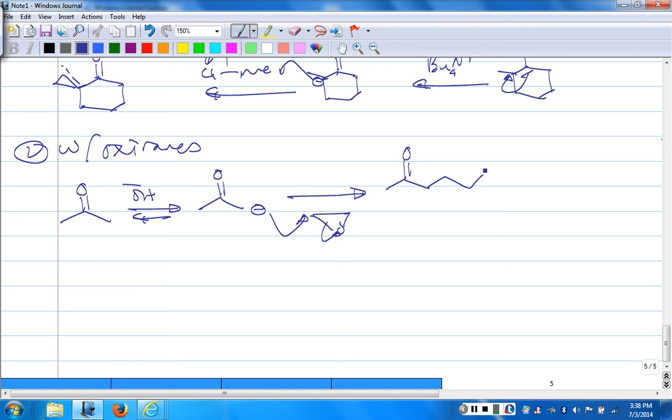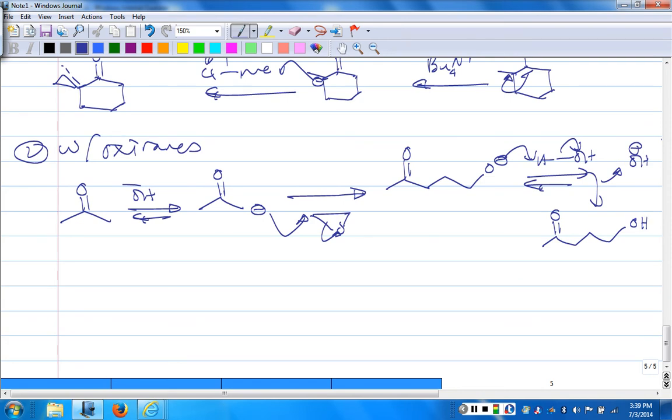That will generate this species, which will pick up a proton from water as a second step, and I make my target alcohol, or my target product. Of course, this is an equilibrium, and I'll lose hydroxide in this step. But that's O minus giving O minus, so we're okay.